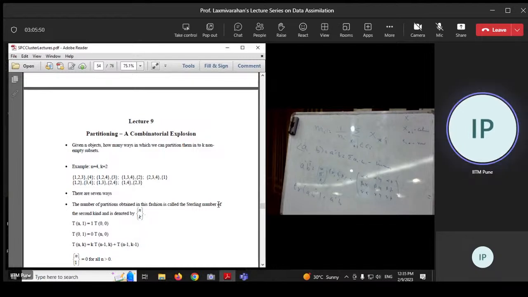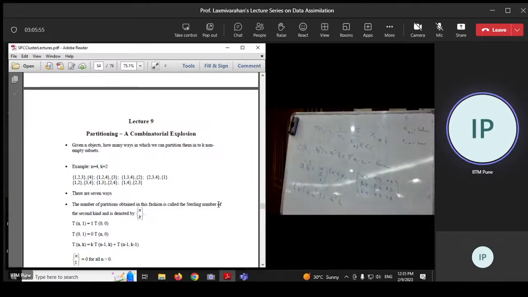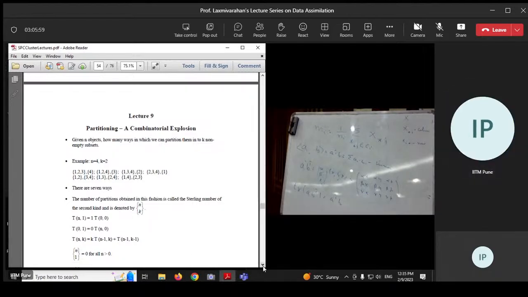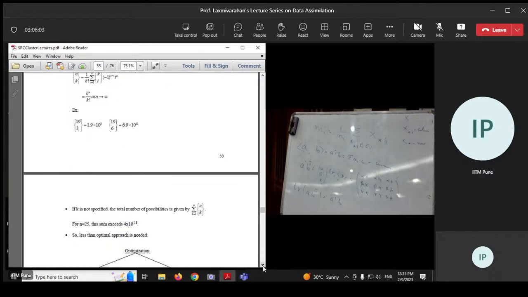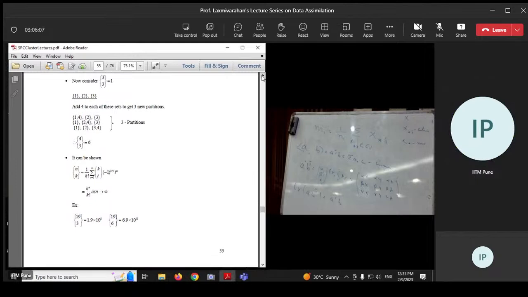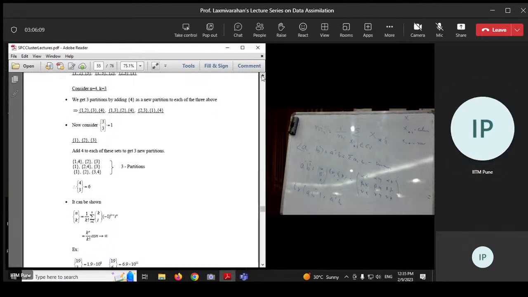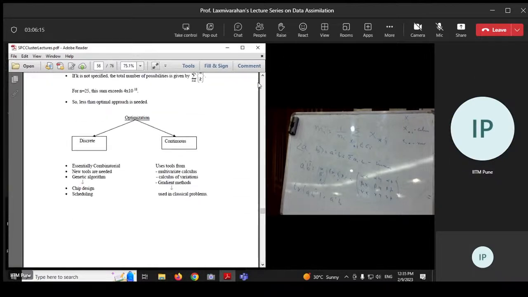Are you making it? I'm going to show you a quick result, and then I will fill the gap tomorrow. First lecture. So there are problems where n is equal to 25.